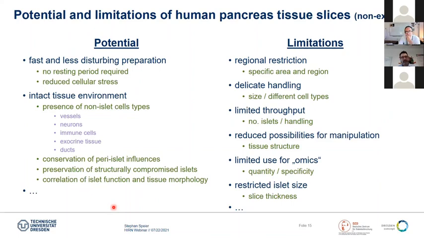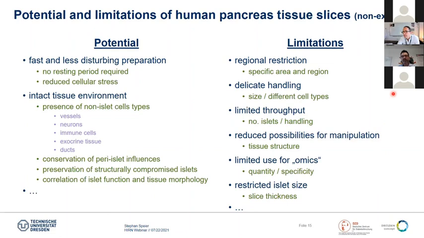And for one basic question of mass versus function, I think it's also nice, but not only for that, to have a possibility to do function and morphology on the same tissue right away within the same experiment. There's a lot more potential. We haven't even touched all the immune cell studies that are going on with T cells already in NPOD samples. But I also want to point out the limitations.